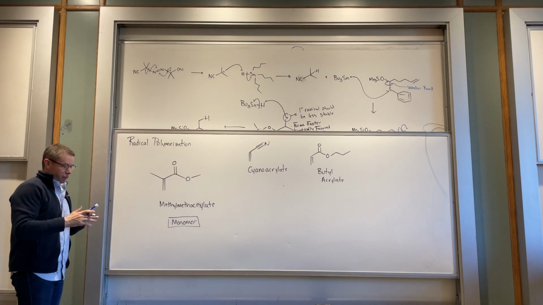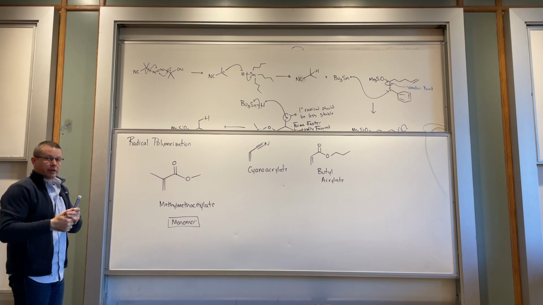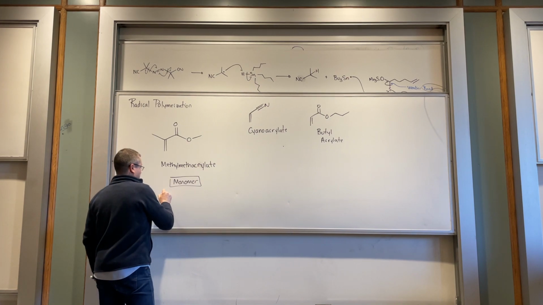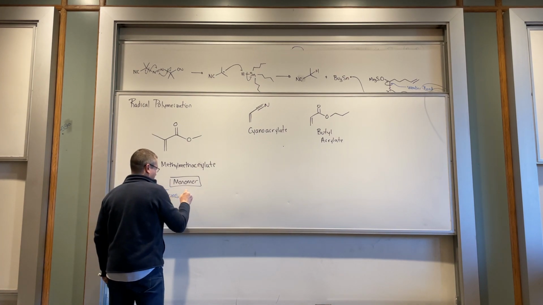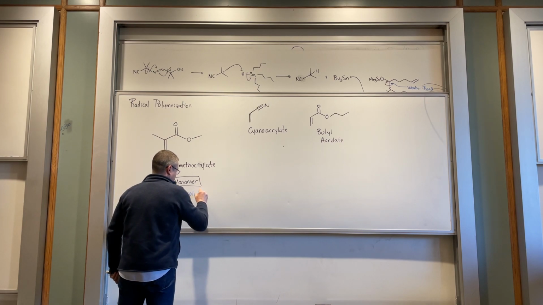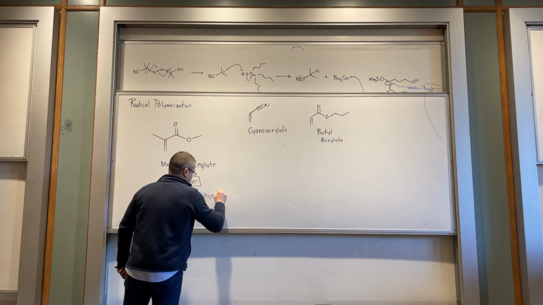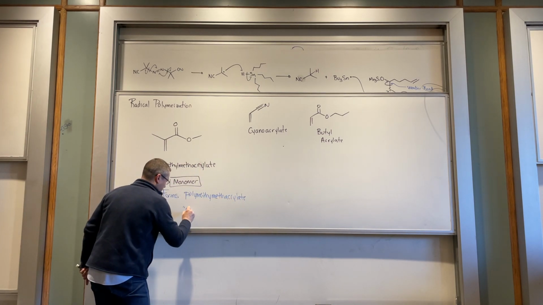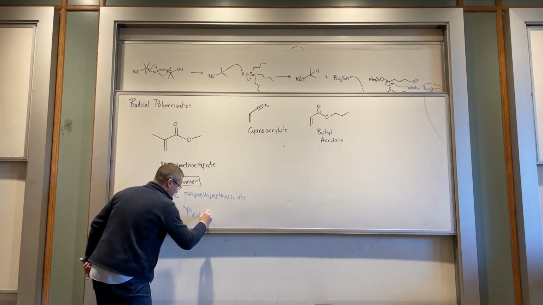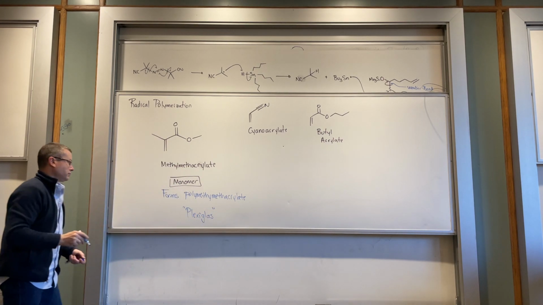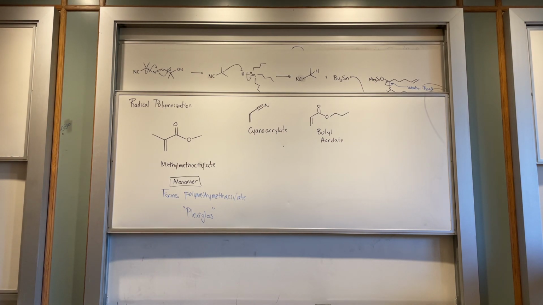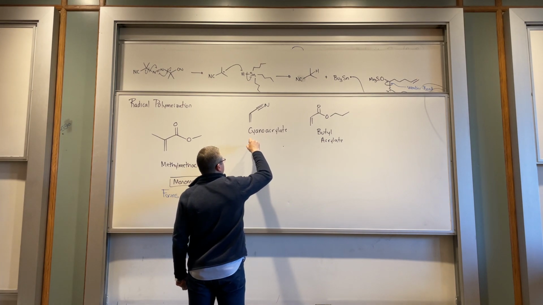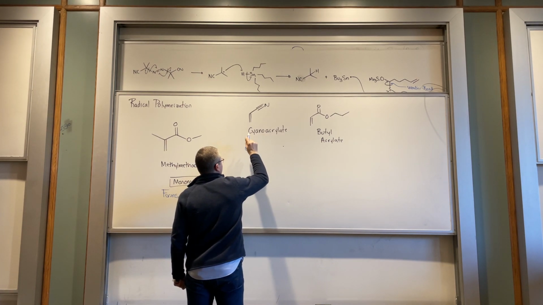All right, just to give you some trade names, methyl methacrylate is the monomer used to make the polymer Plexiglass. Cyanoacrylate is used to make the polymer that's the glue in Crazy Glue.